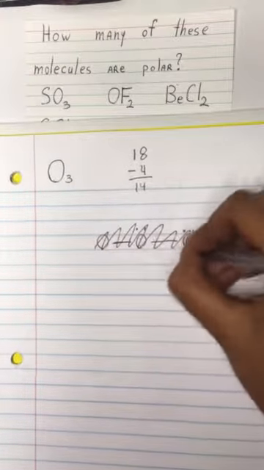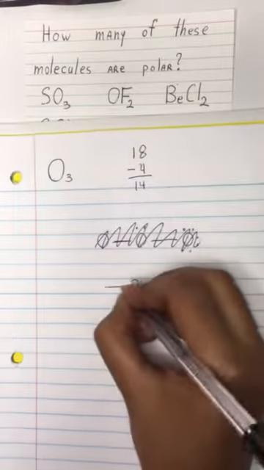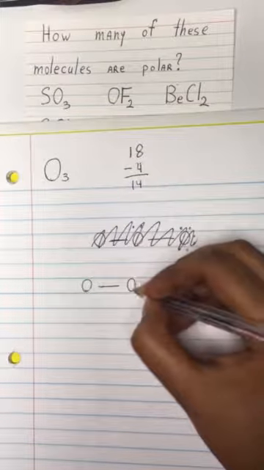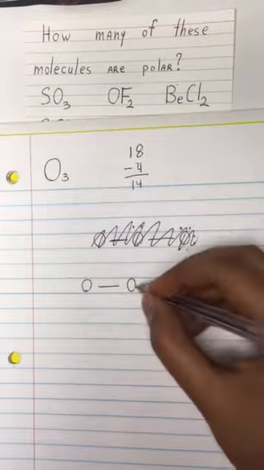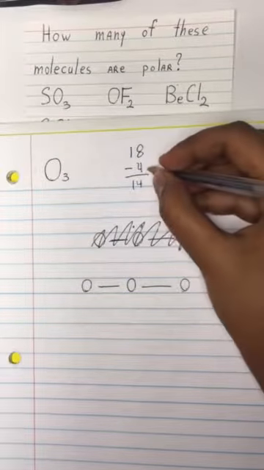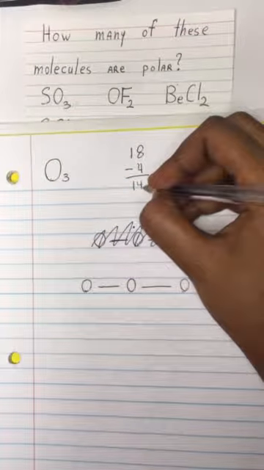I'm sorry, that was a mistake. Let's start over. So the oxygen makes a bond with each of the outside oxygen atoms, which uses up 2 times 2, 4 electrons, which leaves 14 left over.